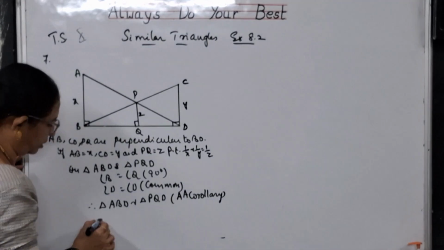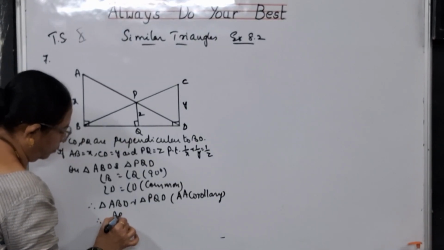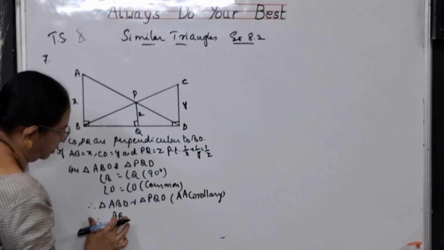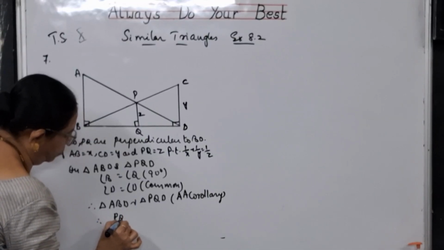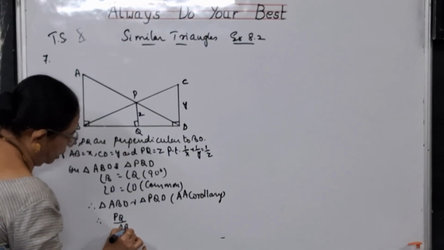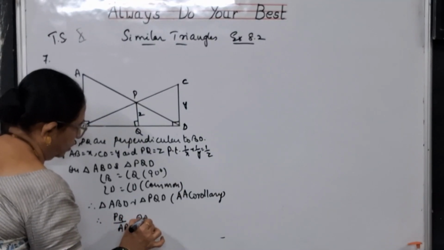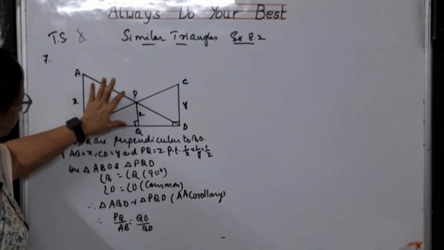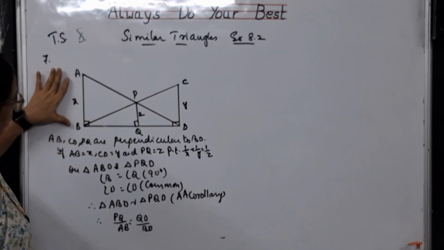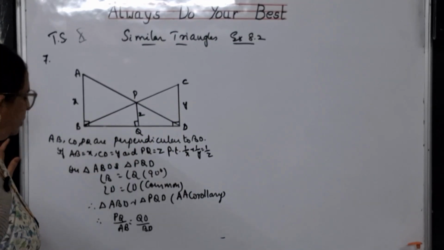What do you mean by this? Their corresponding sides are proportional. So first I will write PQ, smaller triangle. PQ by AB is equal to QD by BD, corresponding sides.